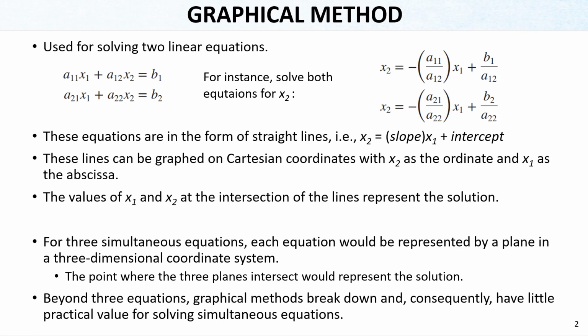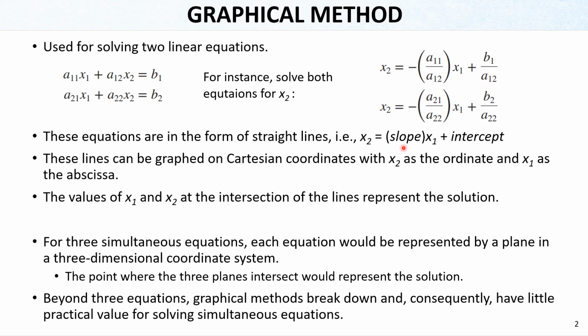The graphical method is usually useful for two equations. For instance, here we have two equations, and we can isolate x2 for both. With x2 isolated, we just want to draw these as straight lines on a graph, because with only two equations in linear form this will create straight lines.